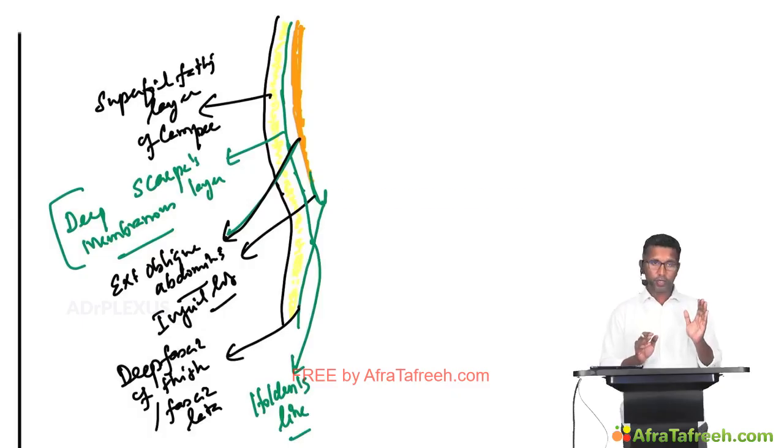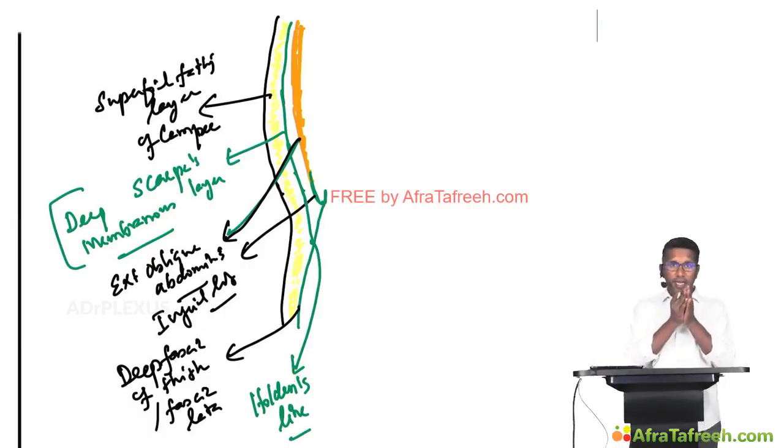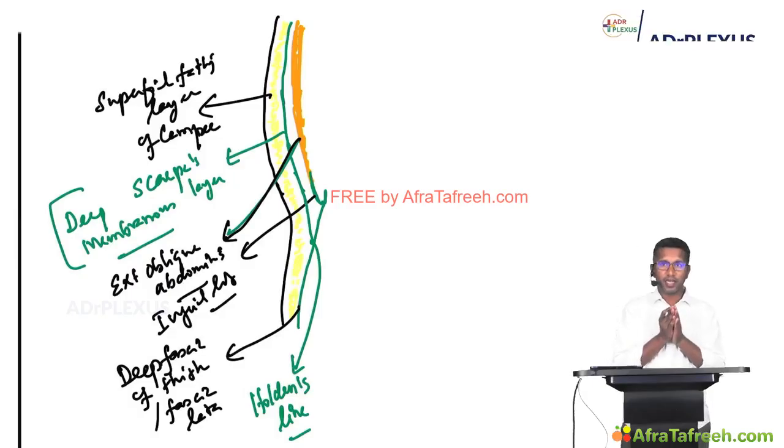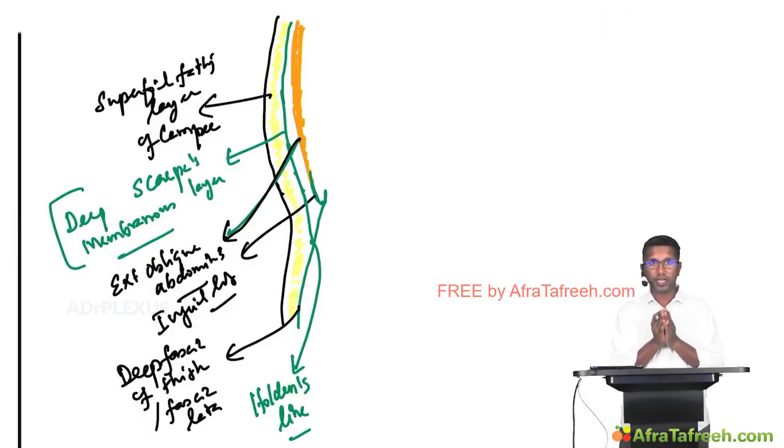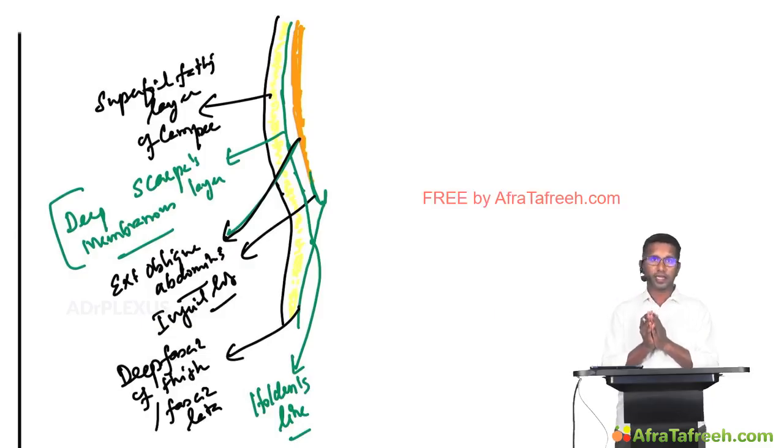But what I want you to understand here is that the deep membranous layer enters the thigh region and is attached to the fascia lata, and the point of attachment of the deep membranous layer and the fascia lata is called Holden's line.